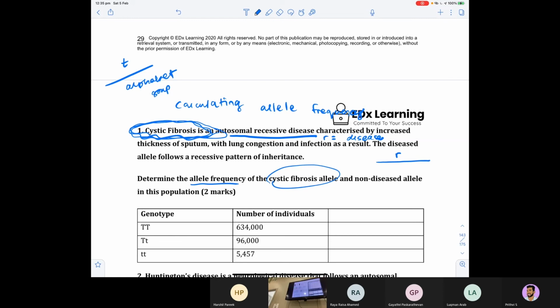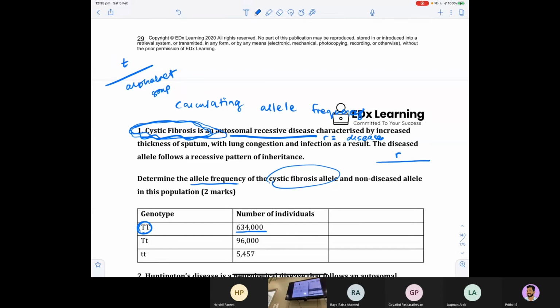Let's try finding this out. They've told you that for homozygous dominant individuals, there's 634,000 people. So how many capital T letters are there? If I gave you one set of 2 capital T's, how many T's do you have? 2. If I gave you 634,000 sets of 2 T's, how many T's do you have?